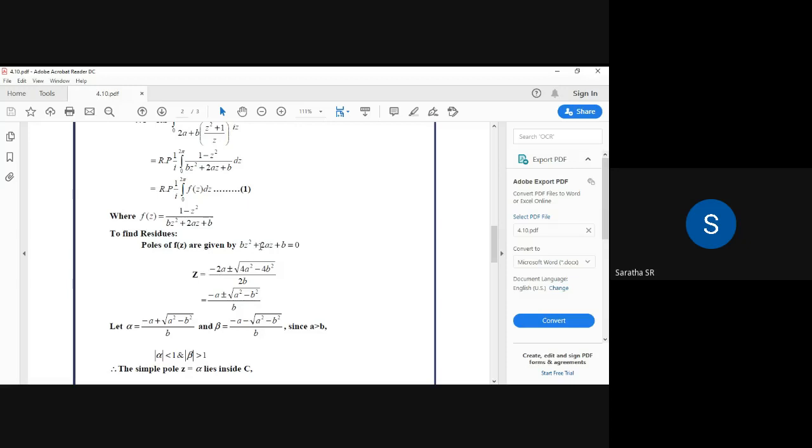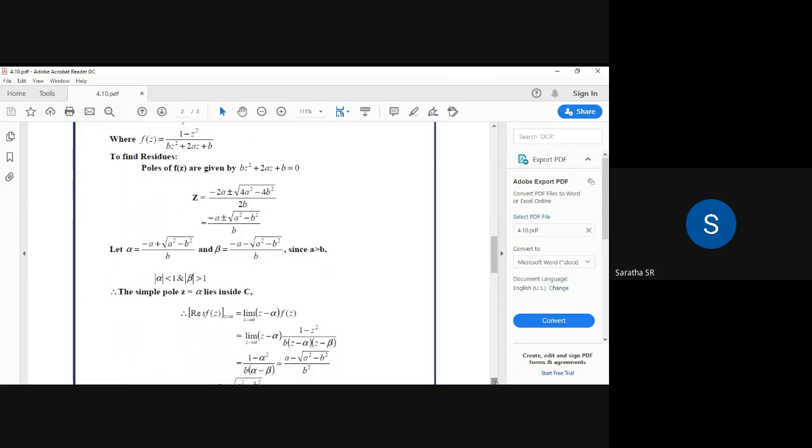So minus b means minus 2a plus or minus square root of b square, which is 4a square, minus 4 into a is b, c is also b, so 4 into b square, divided by 2a, so 2b. Then we take 4 commonly from this, we get 2. So here you have 2, here you have 2, here you have 2. Take out 2 commonly, then cancel this. Then we have minus a plus or minus square root of a square minus b square, divided by b, we got it.